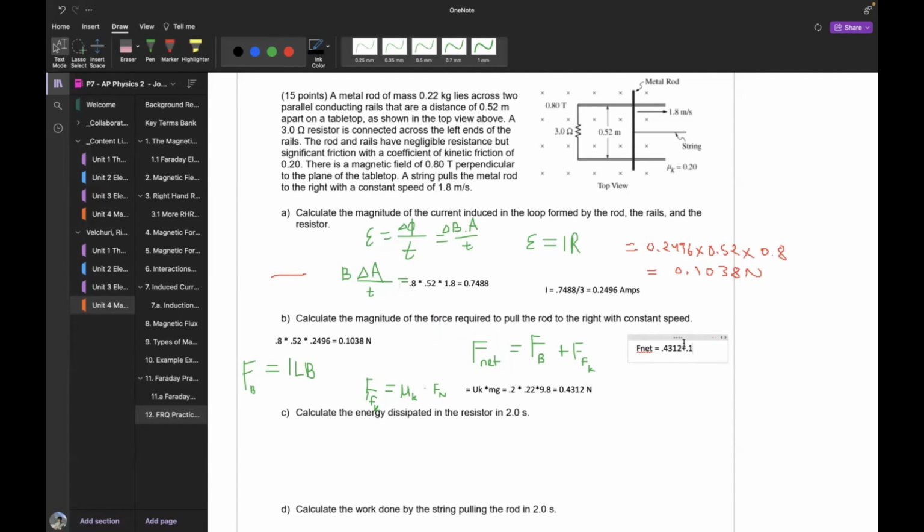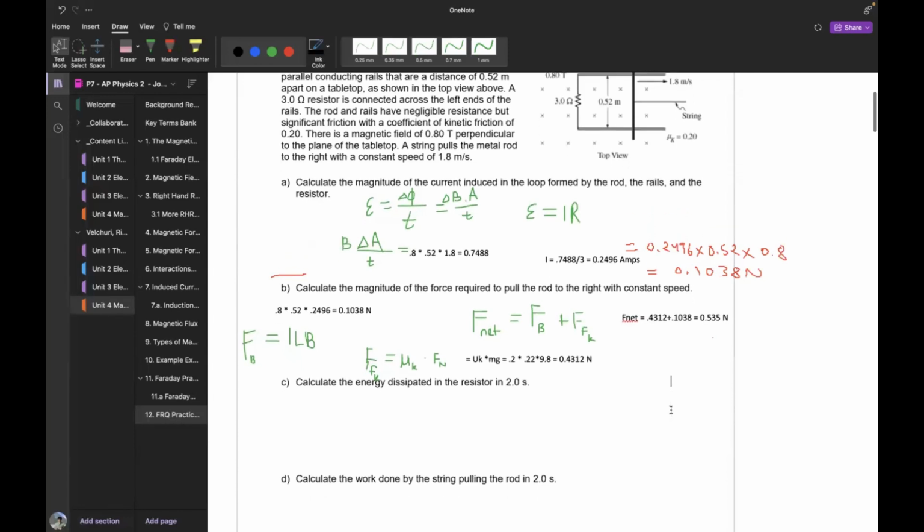What is the energy dissipated? So 0.535 newtons. This is the force that should pull it rightwards. Calculate the energy dissipated in the resistor.